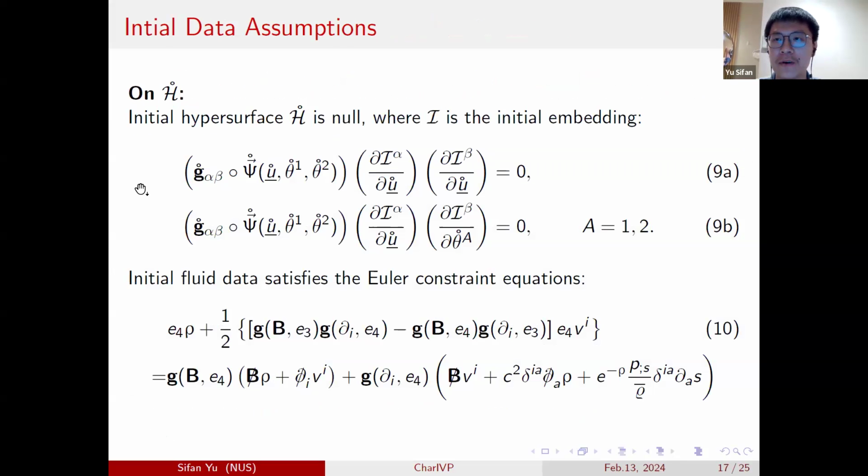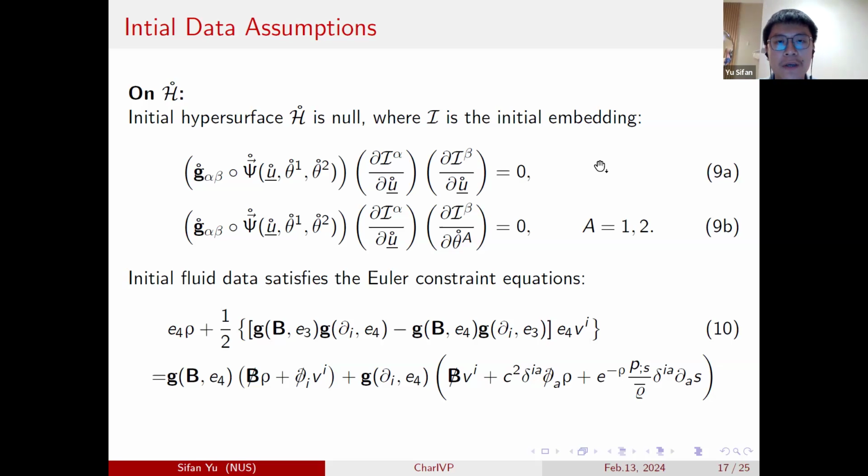I only consider the outgoing hypersurface H. Equation 9 just means the initial hypersurface is null. First of all, I is the embedding that maps a flat cone to a geometric cone embedded in Cartesian spacetime.